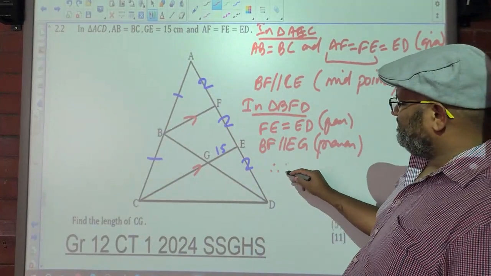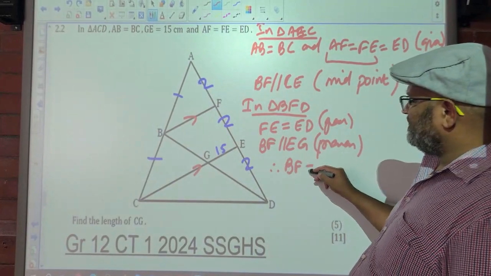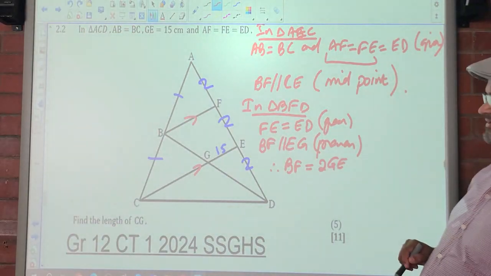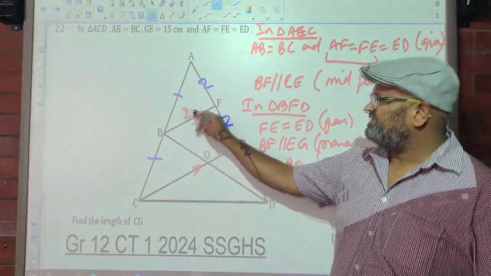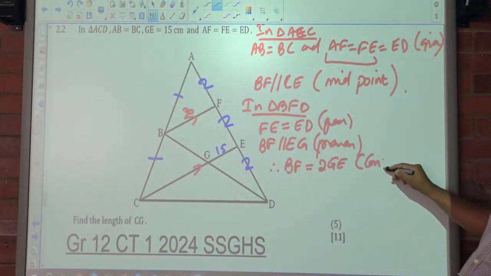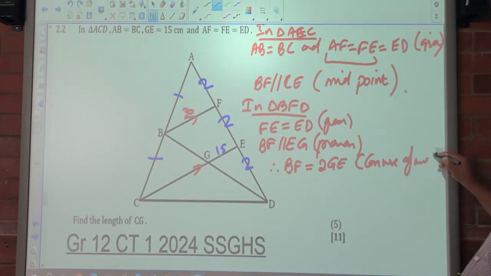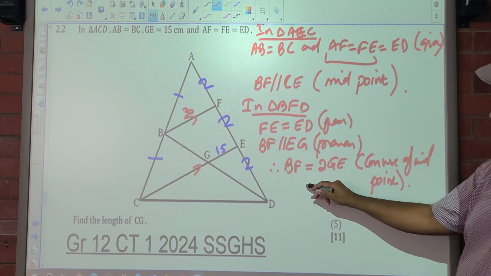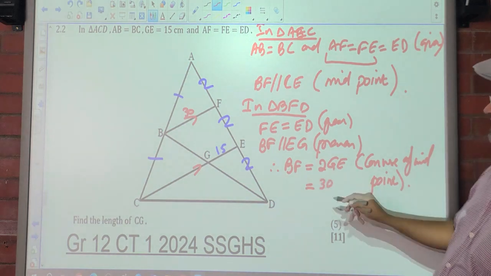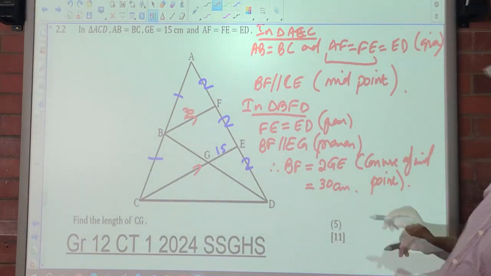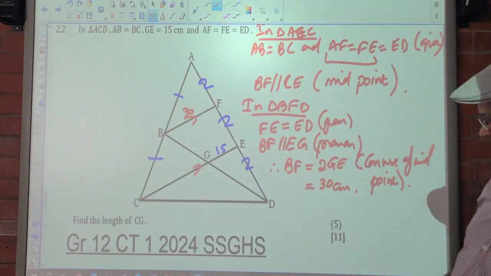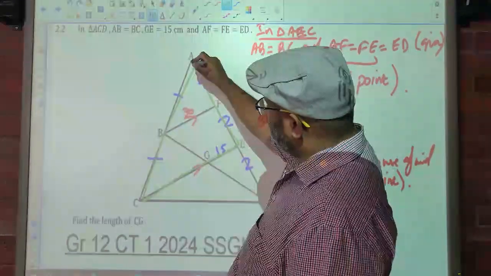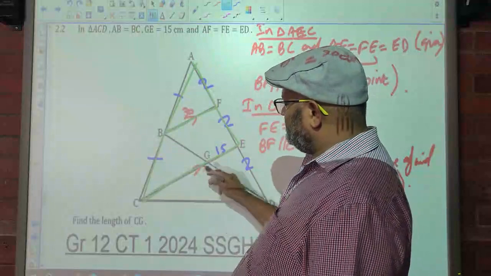So therefore BF is equal to twice GE. Why? Why is that twice this? Converse of the midpoint theorem. So in other words, that's going to be 2 times 15, which is 30 centimeters. Now coming back to this triangle here. We know that that length is double CE's length.